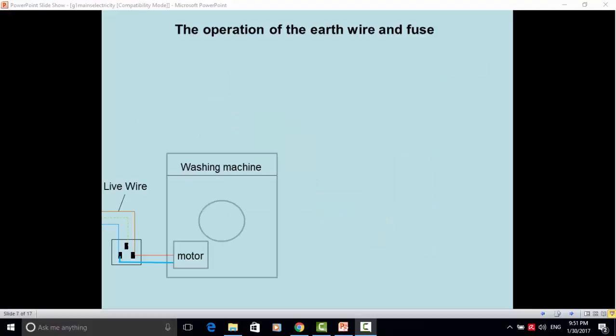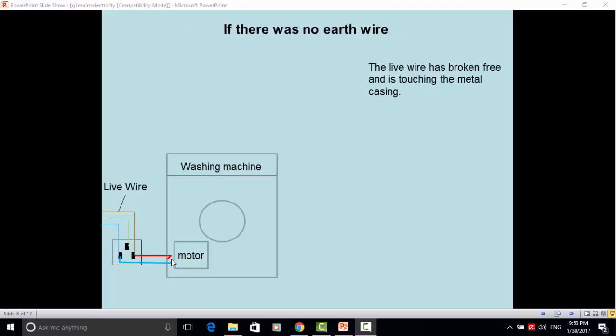Here we'll see the operation of the earth wire and the fuse. I've taken one of the connections to the socket, so we have the live wire, the earth and the neutral coming to the plug socket. The washing machine is plugged in and we have a live wire coming to the motor. Here the live wire has broken loose and is now touching the metal casing of the washing machine.